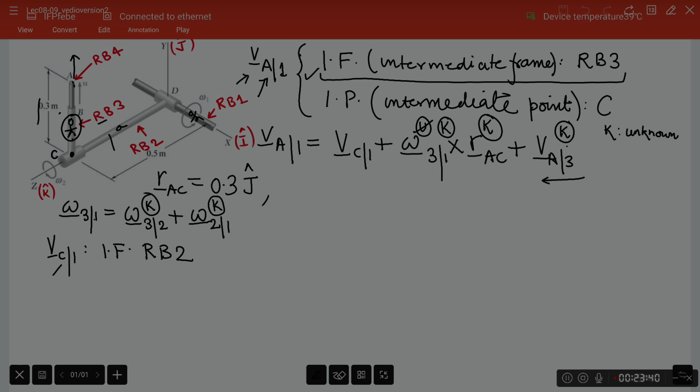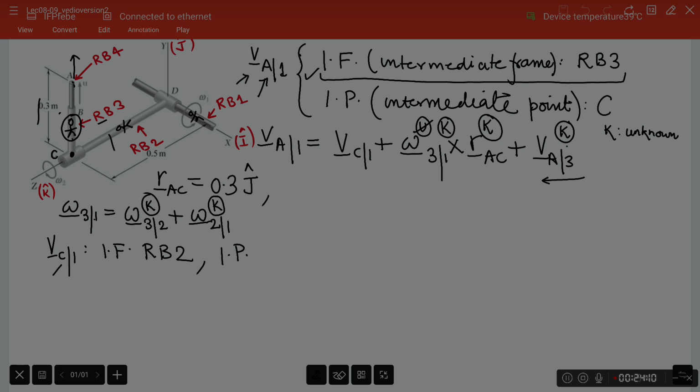Indeed, for a human observer who is tied to RB2, the point C is not moving at all. So in that way, velocity of point C with respect to RB2 is known, and that's why I am choosing IF to be RB2.